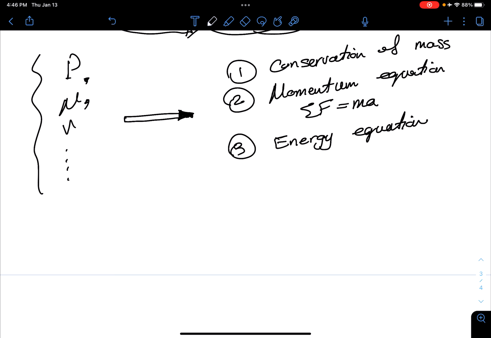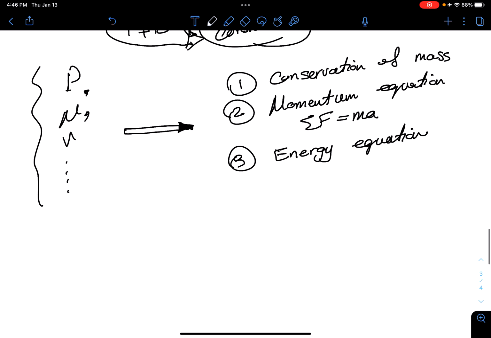Okay, are we familiar with these three equations, the governing equations? Have you at least heard the names? Yes, okay. So this is how we relate all of these parameters to each other with these general equations.